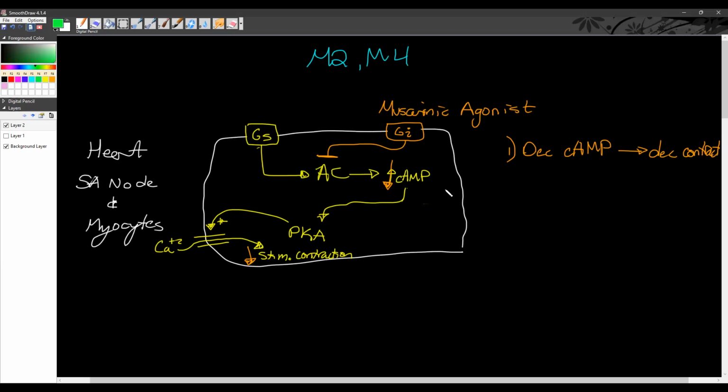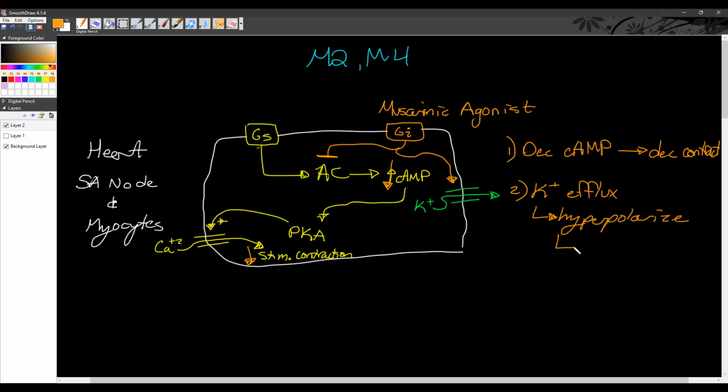The other effect that the muscarinic receptor has is that it opens potassium channels, allowing for potassium to escape the cell and hyperpolarizing it. So the first effect is we decrease cAMP. The second effect is we cause potassium efflux, which will hyperpolarize the cell.